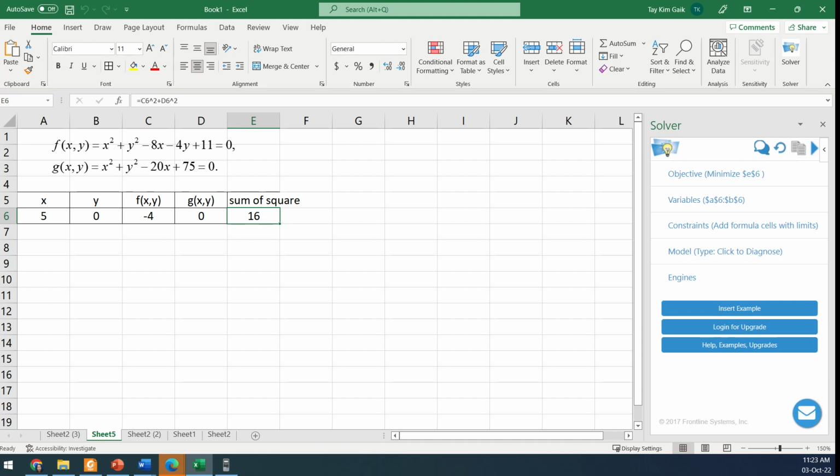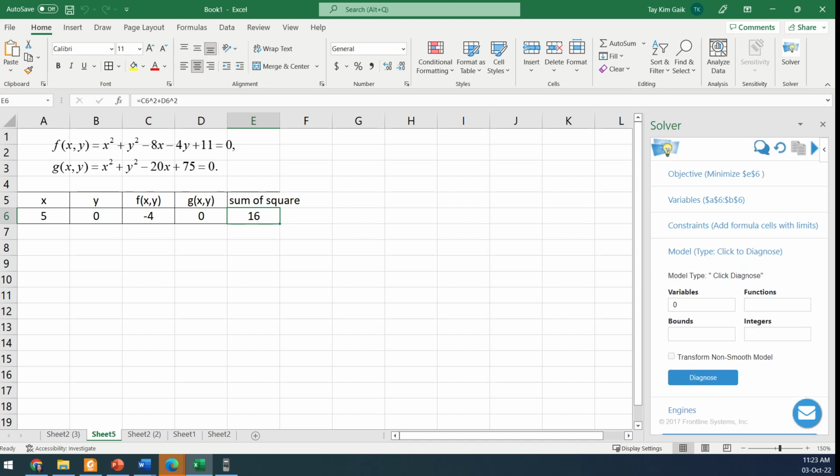Okay, and then how to solve? Suppose at the bottom I should have the solve, constraint, model. It's different. This is the new one.